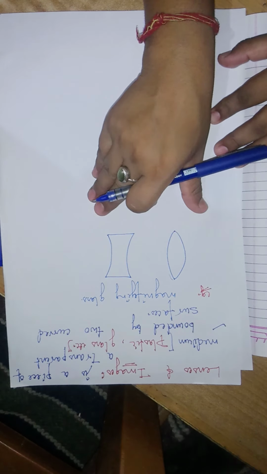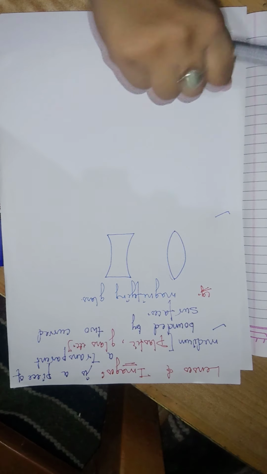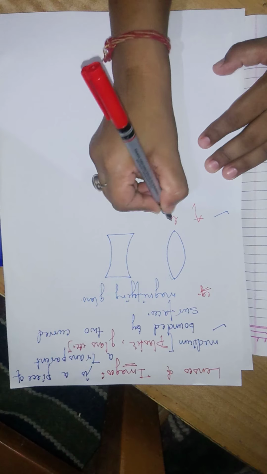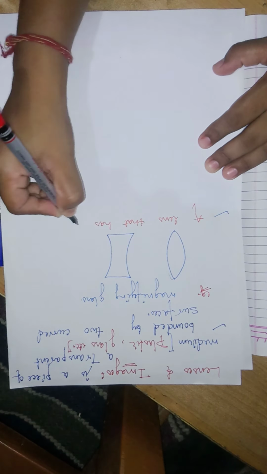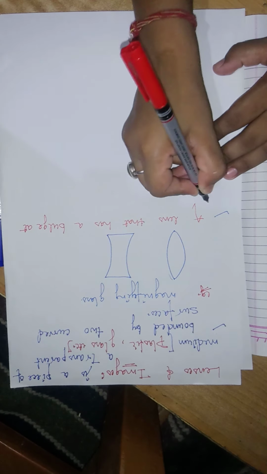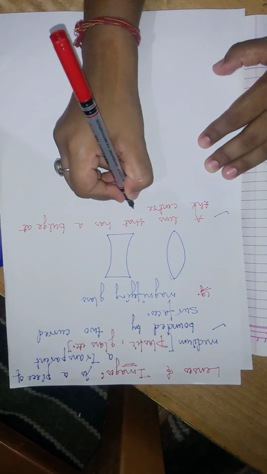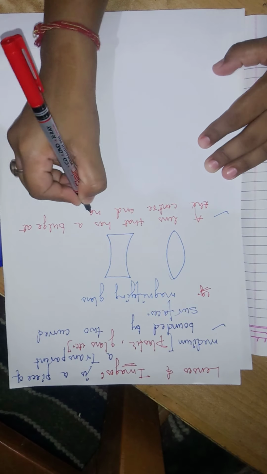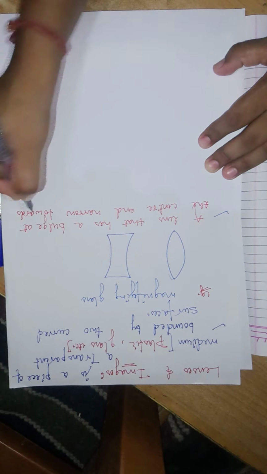I have drawn those two types. Let me demonstrate by the definitions. First of all, a lens that has a bulge, I'll tell you what this bulge means, at the center and narrow at the edges.